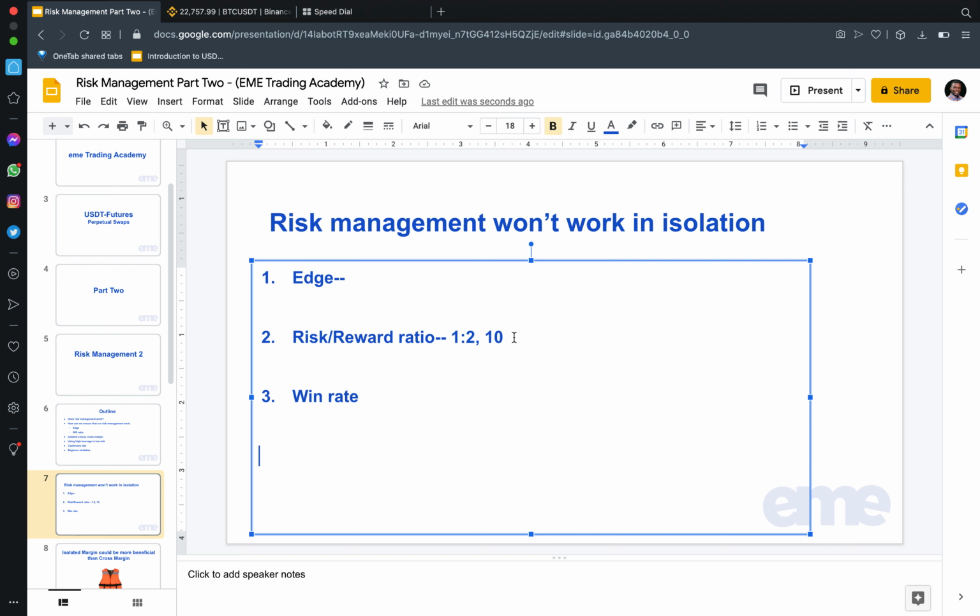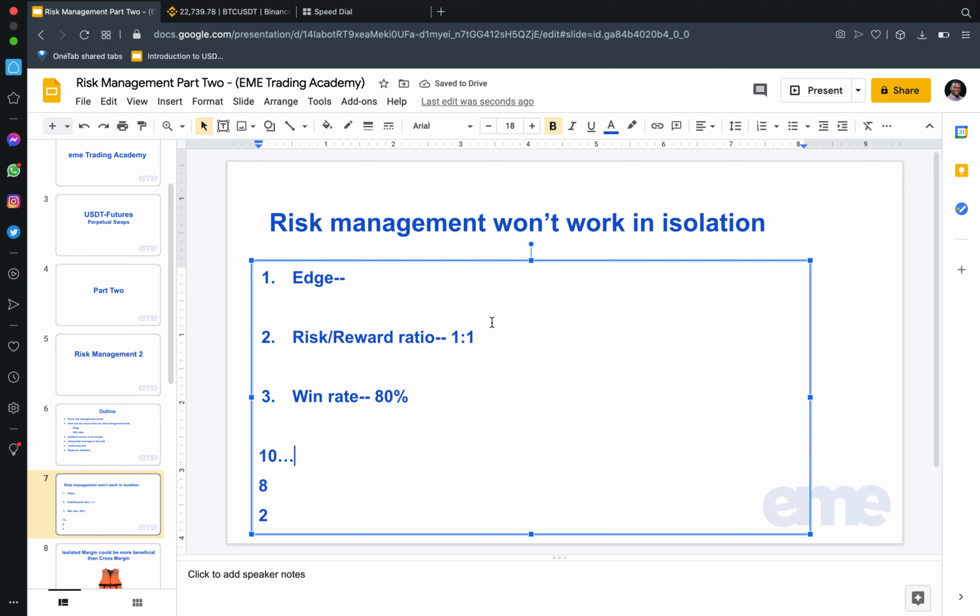Now, if your risk reward ratio is 1:1 and your win rate is 80%, it means that if you place 10 trades, you're going to win 8 of those trades and you're going to lose only 2 of those trades.